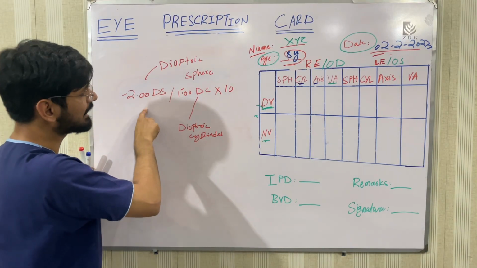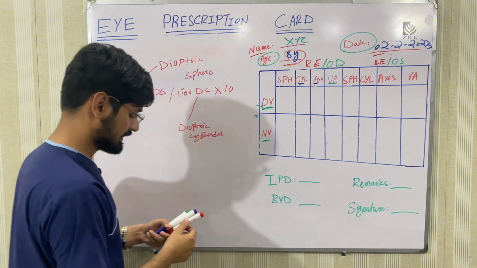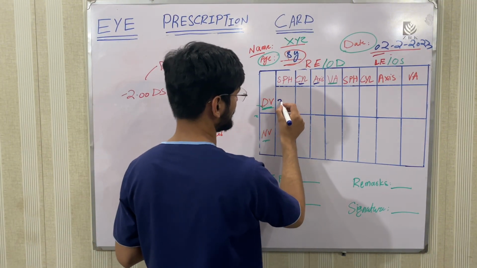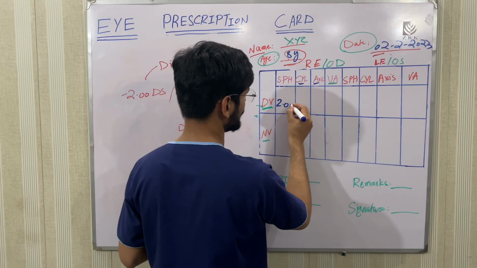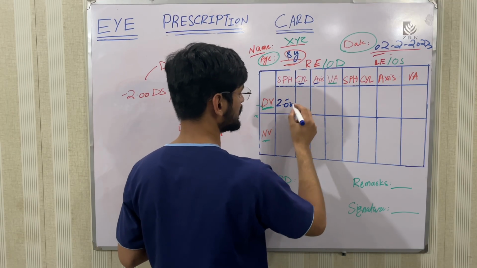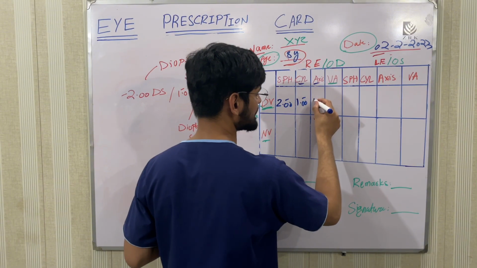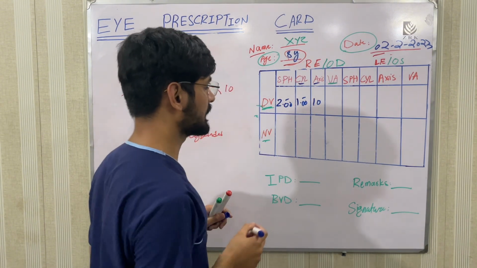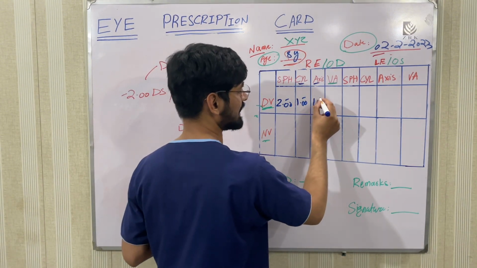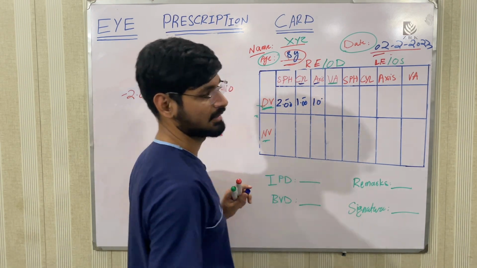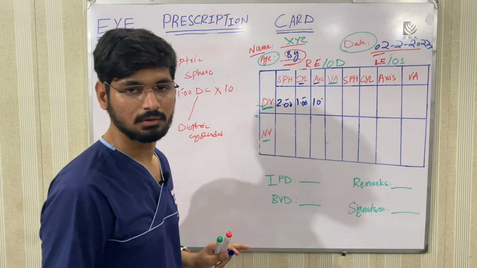So how can I write this number on this card? I can write it like this: -2 with -1 cylinder at the axis of 10 degree. Some people also mention a degree sign here, but this is wrong.